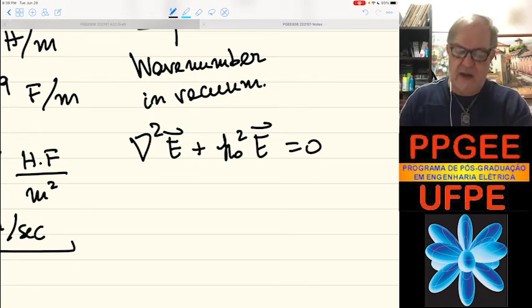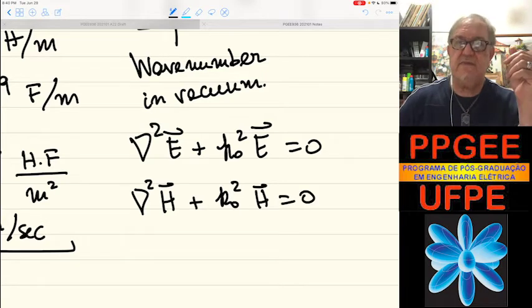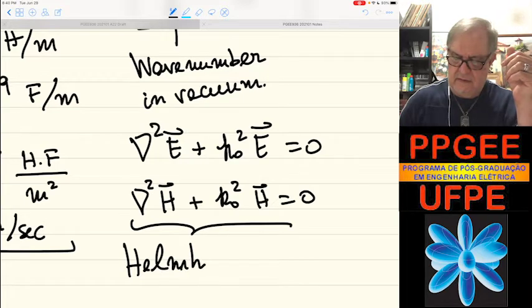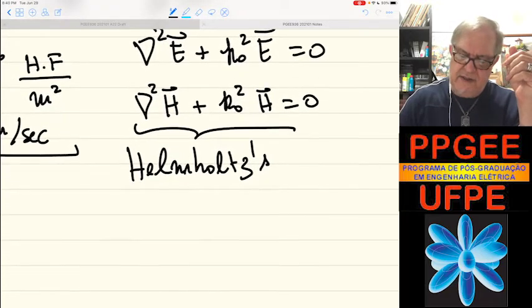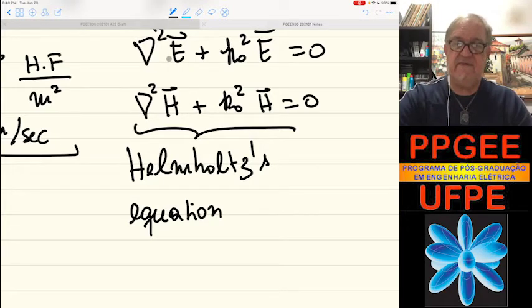And for H as well, we obtain the same equation, Laplacian of H plus k0 squared H equals 0. This is the form of the Helmholtz equation, a second order partial differential equation.